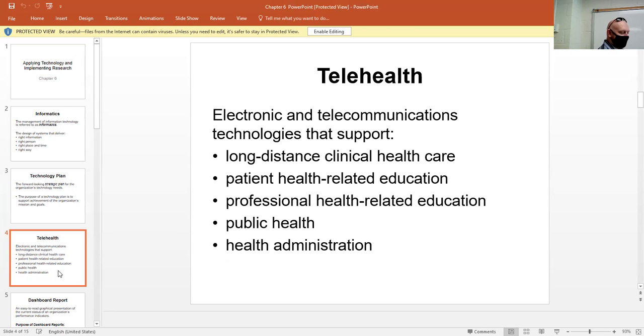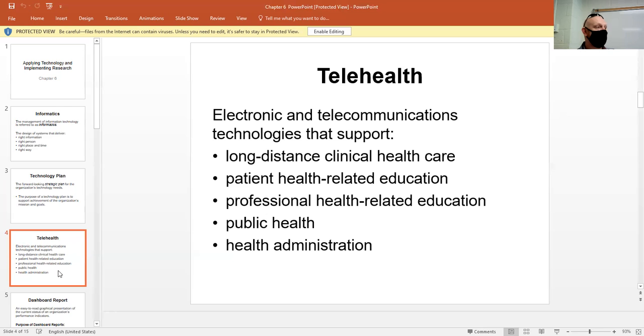Now, you can't draw blood through telehealth, but you can have an honest conversation with a practitioner. It's valid in today's society, and COVID really makes that come to the forefront to me. It's electronic and telecommunication technologies that support long-distance clinical healthcare and patient health-related education. That can happen online.